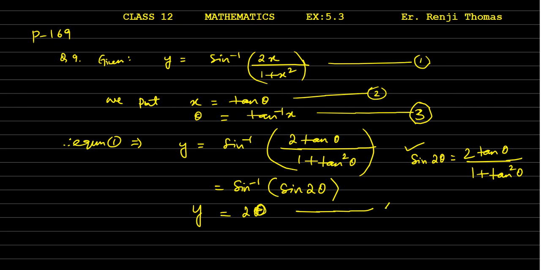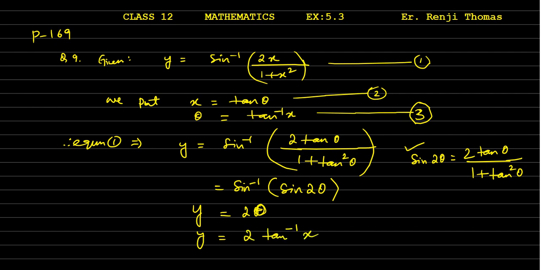Otherwise you can just ignore this. I'll just use the eraser here. I can write y is equal to, in place of theta, we know theta is tan inverse x from equation number 3. So you can write it as tan inverse x.